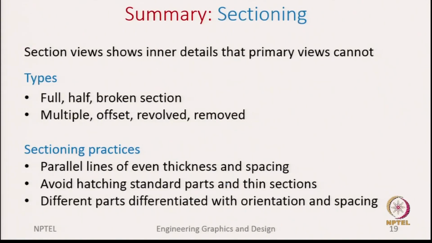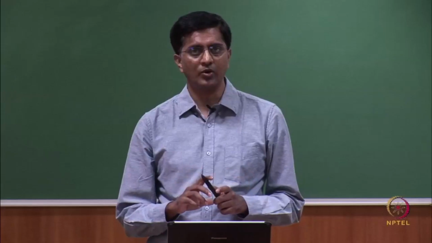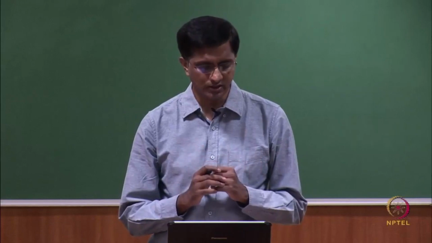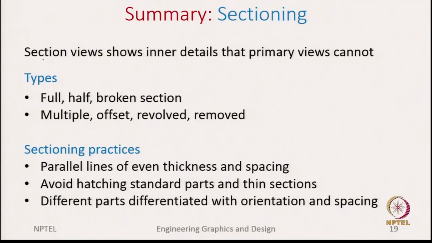Okay. So, finally, we summarize what we have been discussing till now about this important concept of sectioning. First, we said we use sectioning because it shows the inner details which the primary views, like the front, side and top views, cannot capture.